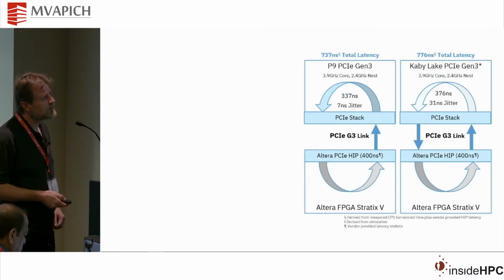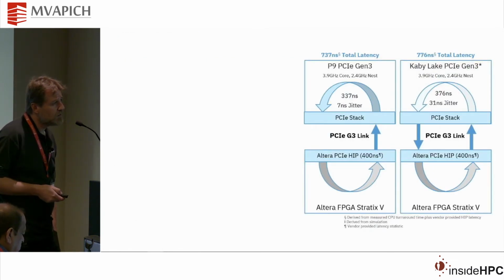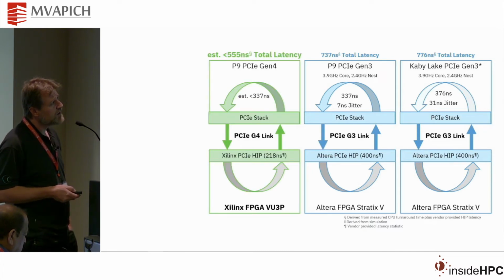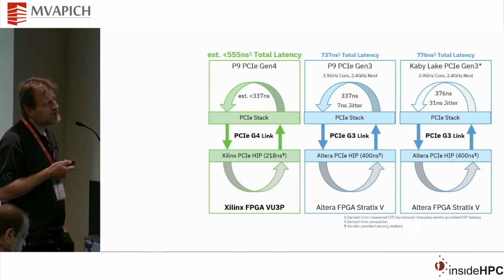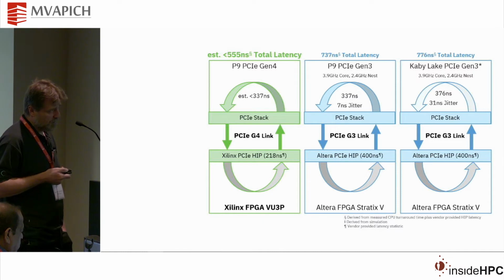This slide is beginning to be a little bit old, about 1 year old, but it compares the total round trip on different Intel x86 machines with Altera, at this time Altera Stratix 5 FPGAs. See how long it took to make a round trip, okay?